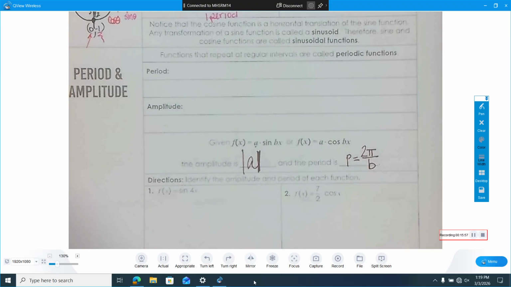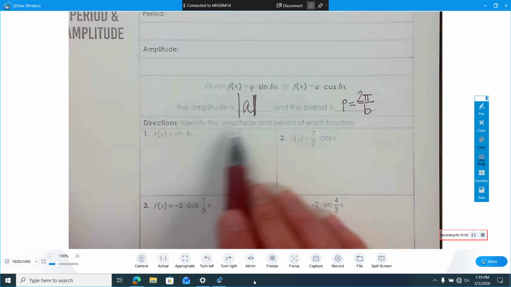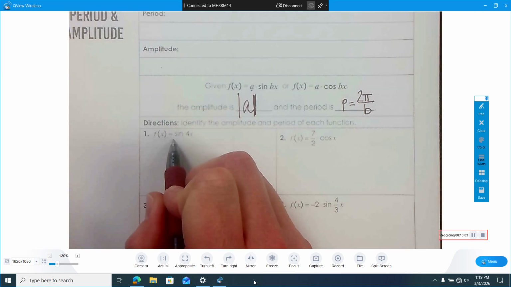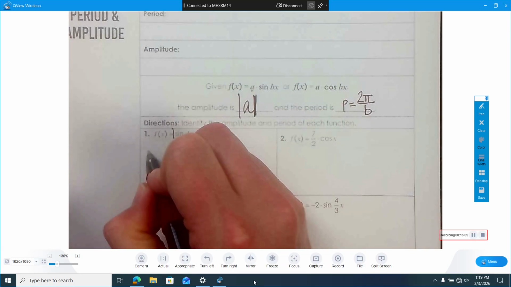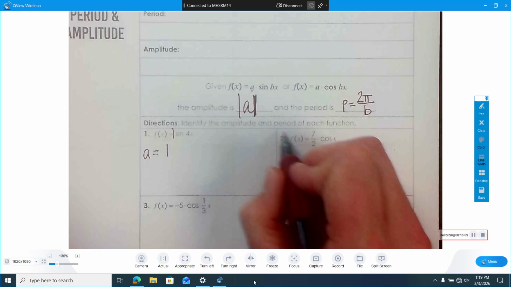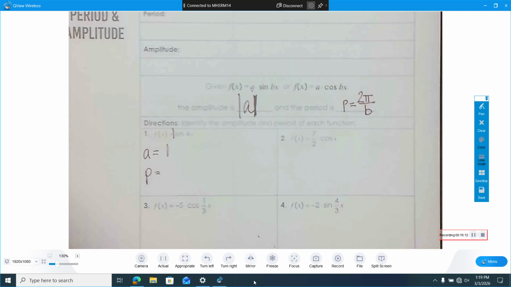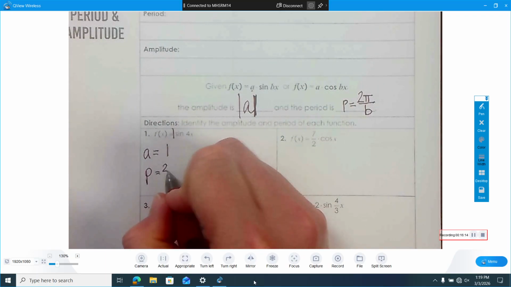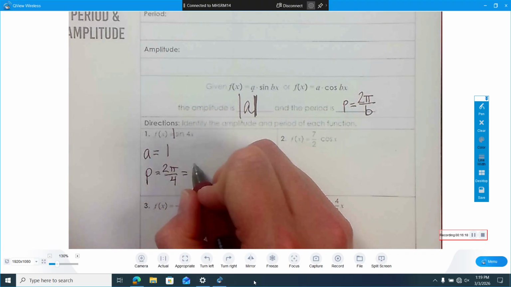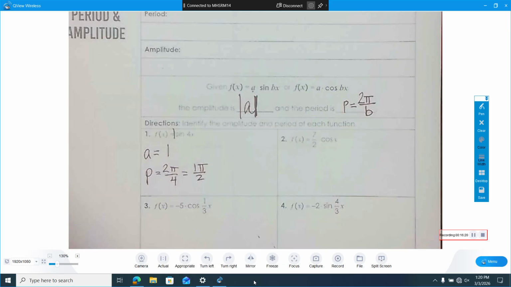All right, so number 1 here, identify the amplitude and period. What's the number in front of our sine function here? 1. Okay, so what's the amplitude? 1. And we want the period. The period equals what? 2 pi over 4, which would be 1/2 pi, or pi over 2.